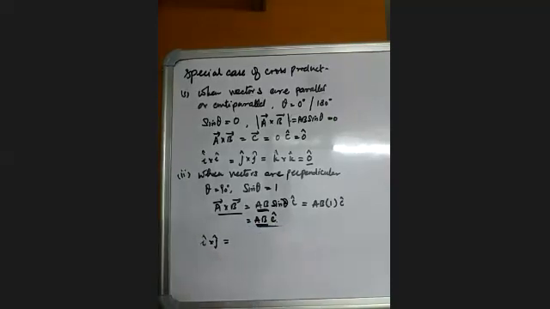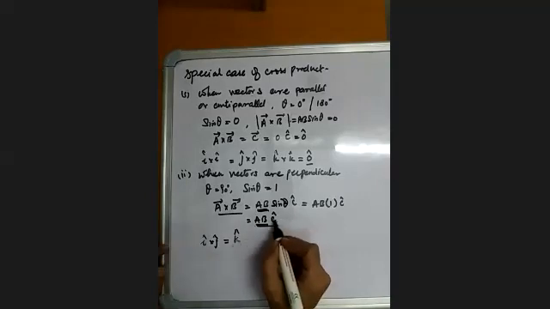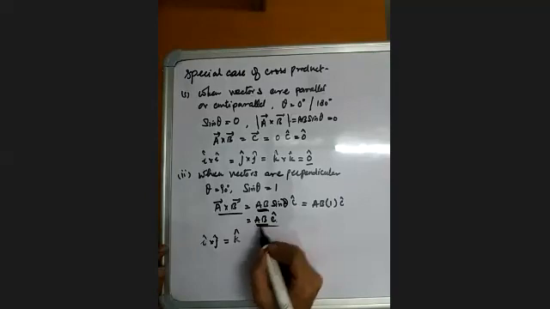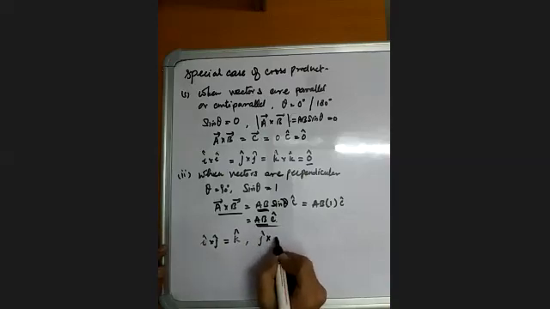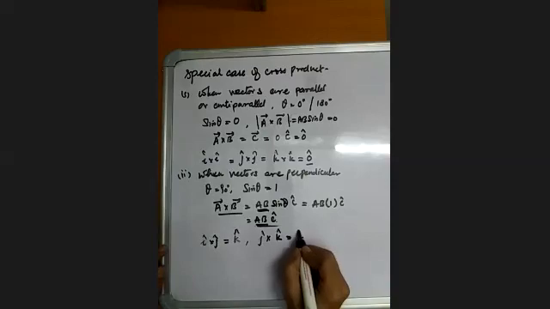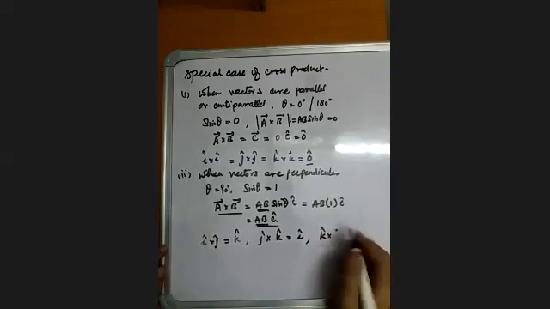So I cap cross j cap, that is the unit vector along the x-axis and the unit vector along the y-axis, the cross product will be the unit vector along the z-axis, because it is perpendicular. As I said, C cap is perpendicular to the plane in which A and B vectors are located. So I cap and J cap are in the xy plane and K cap is in the z direction. So J cap cross K cap will be I cap, and K cap cross I cap will be J cap.